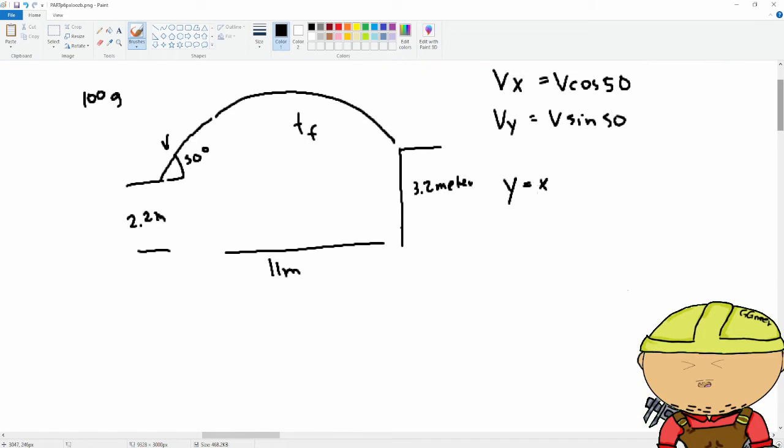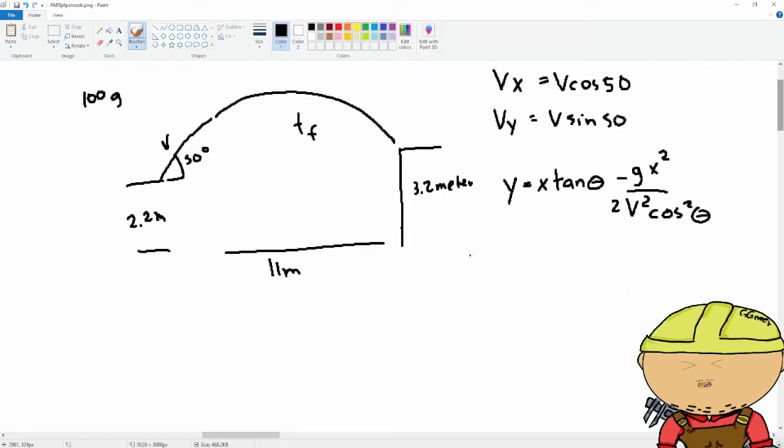y is equal to x tangent theta minus gx squared over 2 v squared cosine squared theta. My mnemonic to remember this is x tano, gx squared, because I don't know, it's just because. If you guys have a better mnemonic or a song or word to remember this equation, why not?